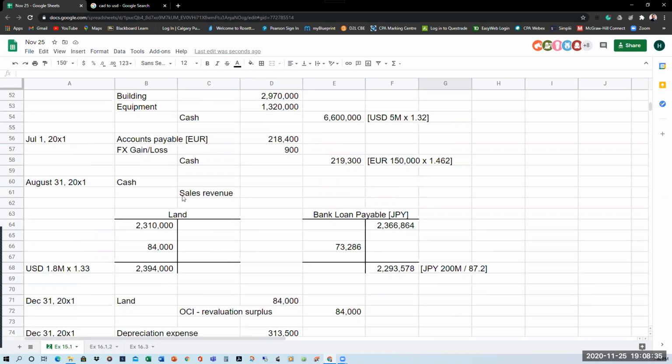So you sold goods, you're getting payment, debit cash, credit sales revenue. The sales revenue is 20 million Pakistani rupees. In equivalent Canadian, that works out to 20 million divided by 96.5, and that is 207,254. So our sales in Canadian dollars is a little over 207,000. We don't have information to record the cost of goods sold, but of course, you as accountants know that we would also book cost of goods sold for this. There was not enough information given to us to be able to calculate that.